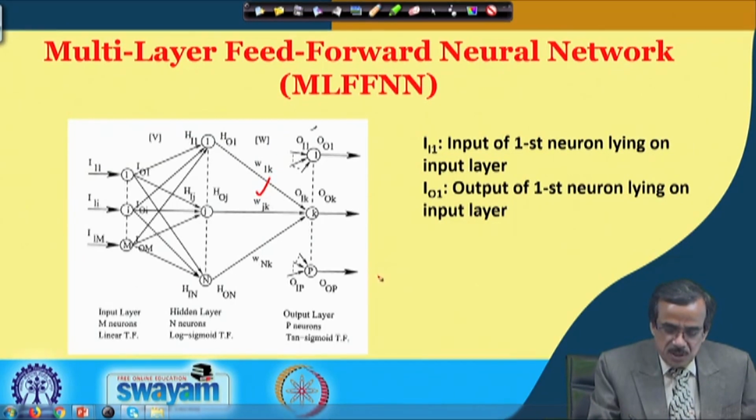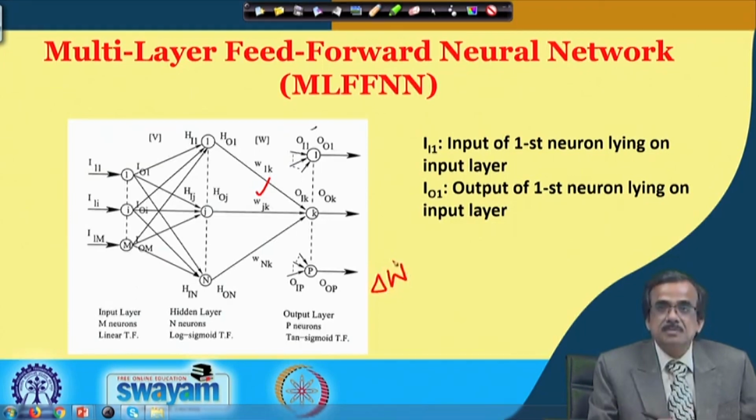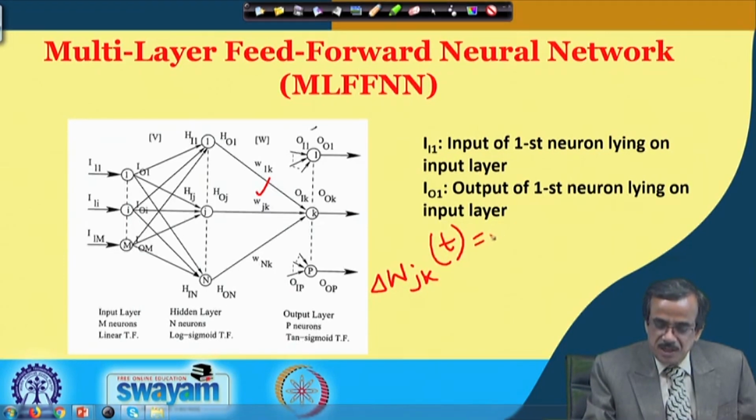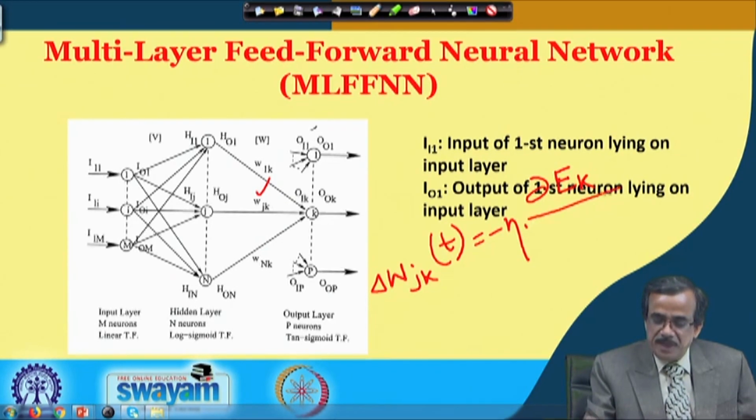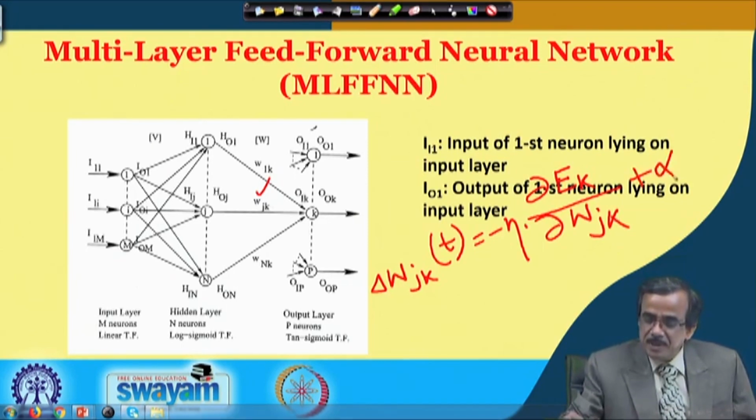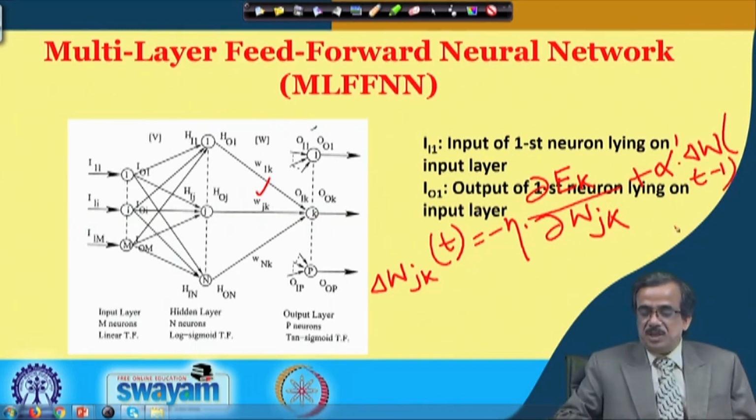So, what I will have to do is, delta W j k at the t-th iteration is nothing but minus eta multiplied by the partial derivative of E k with respect to W j k, plus alpha prime multiplied by delta W corresponding to the (t minus 1)-th iteration.